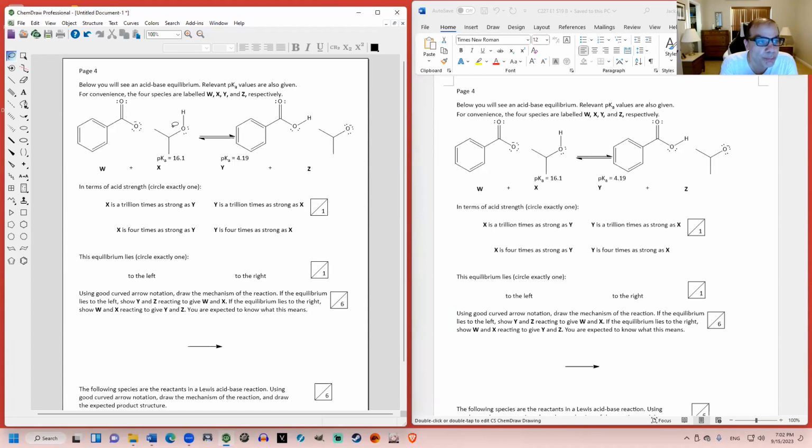That means this equilibrium is going to go from the right to the left. And the reaction will proceed by this species reacting with this species, which happens to be called benzoic acid, to give the alcohol and the benzoate ion. So that's very important for you to know. The equilibrium always favors the weaker acid. That means that the reaction will go towards the side with the higher pKa. Always. There's no exceptions.